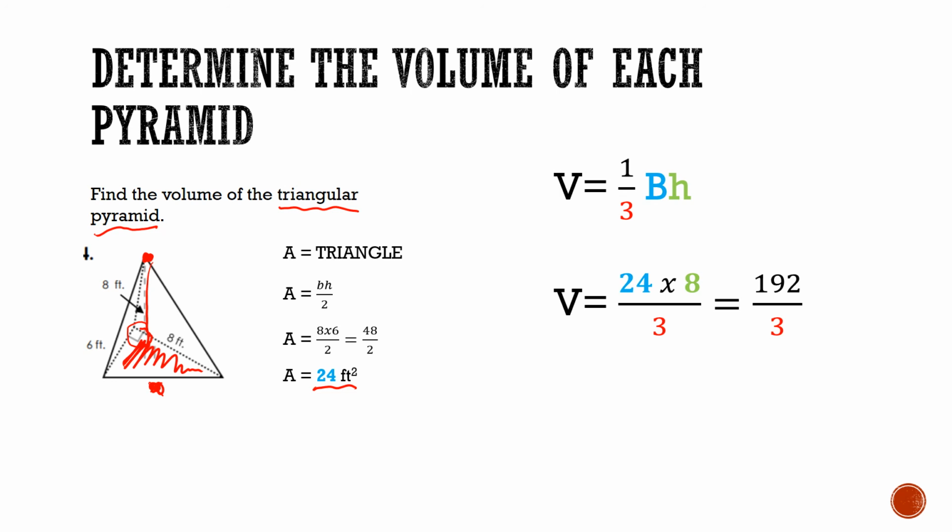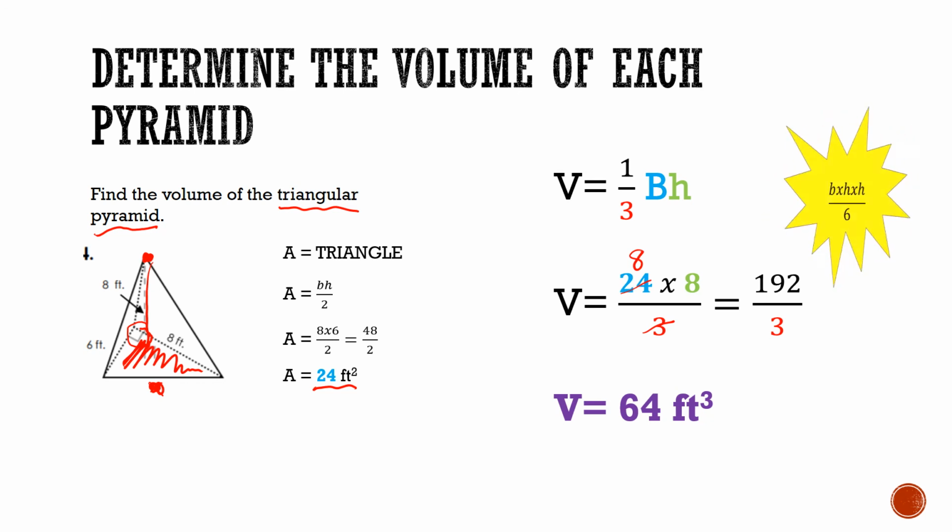Another way to do this is if I divide 3 into 24, that is going to give me 8. 8 times 8 will also give me 64 cubic units. Remember, a different way to do this is base times height divided by 6.